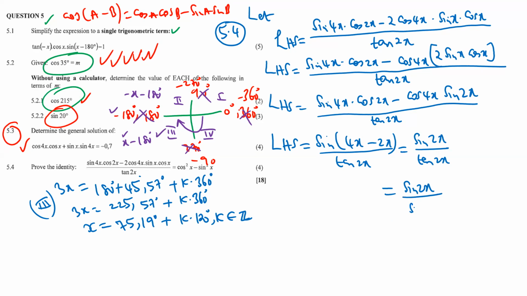So you have the sine of 2x over cosine 2x. You reciprocate, so it is cosine 2x divided by sine 2x.